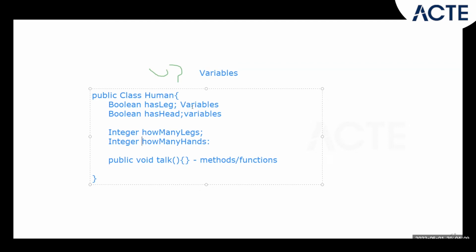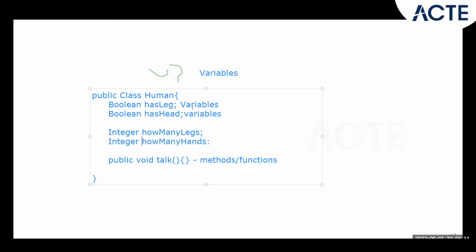Like the boolean, you are asking questions about the characteristic of that object. If confused somewhere, simply think about the human, and think about human characteristics. You are asking questions like has leg, has hands, so you will say these are yes no, so we'll say boolean. If they are a type of number, we'll say the integer.